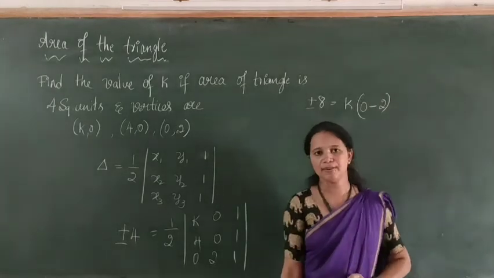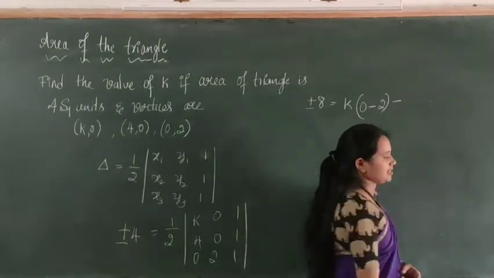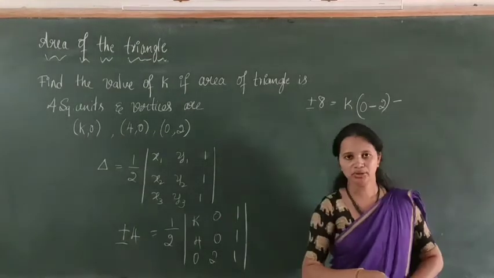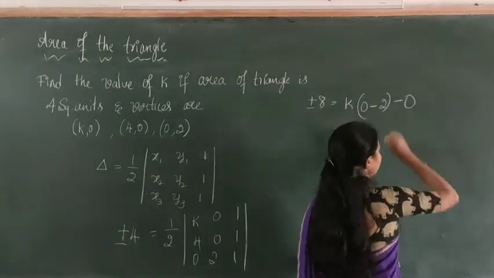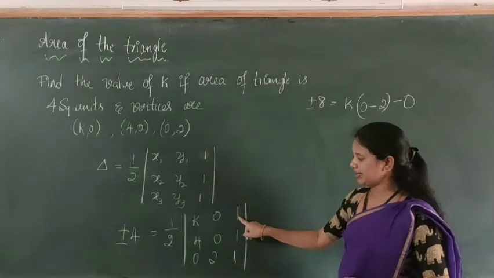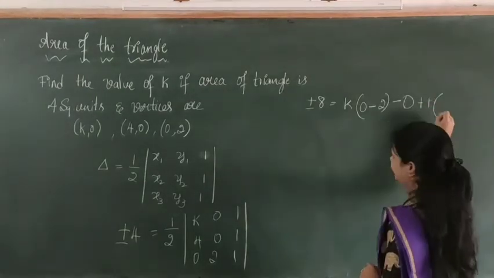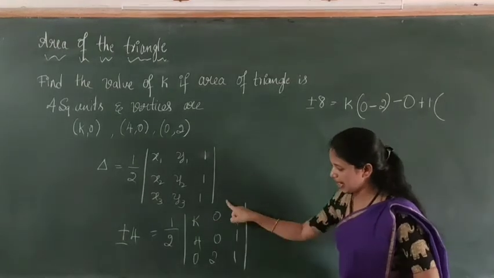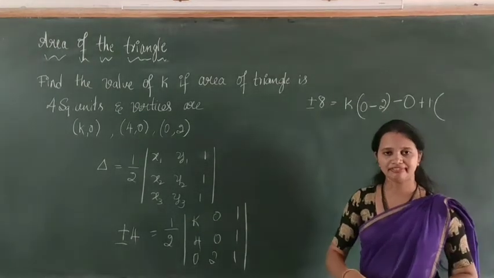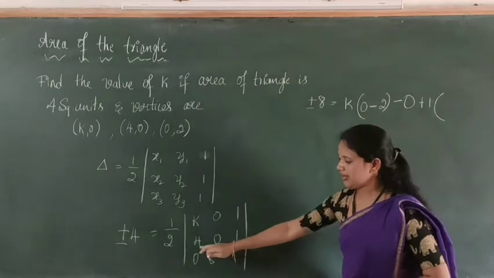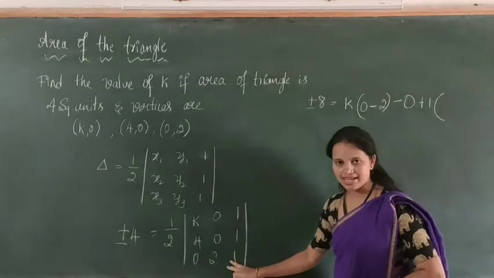And the middle sign is minus. The second element is 0, so 0 into anything is 0. And the third one is 1. The sign is plus. So 1 is in the first row and third column. Delete the first row and third column. The remaining elements are 4, 0, 0, 2.